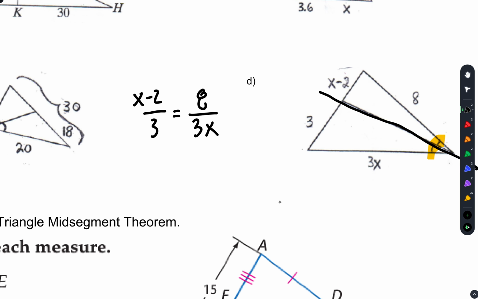Good? Let's cross multiply. We're going to distribute when I multiply that 3x in there. So that's 3x squared minus 6x. I'm going to move the 24 to the same side.